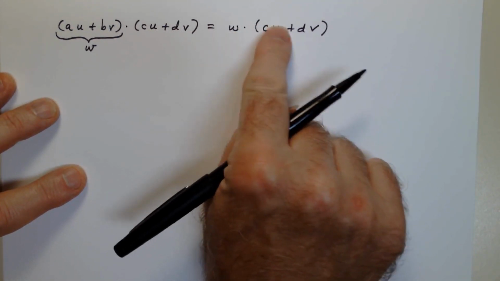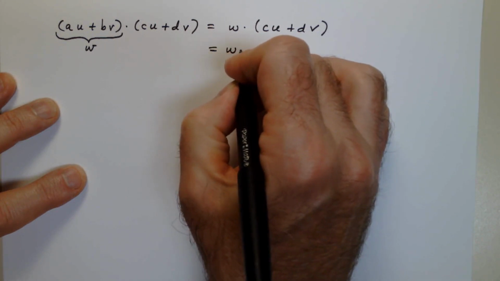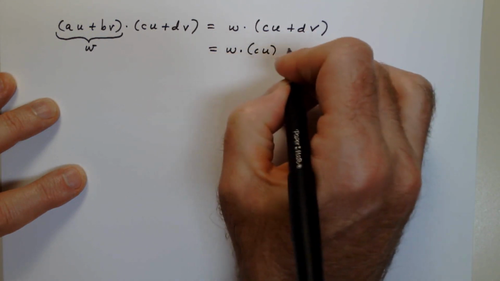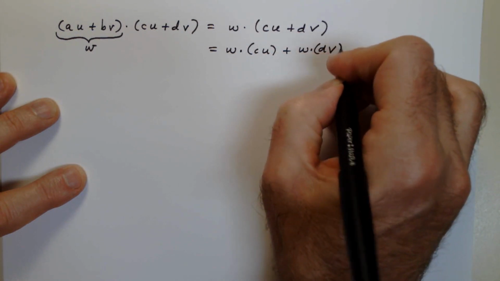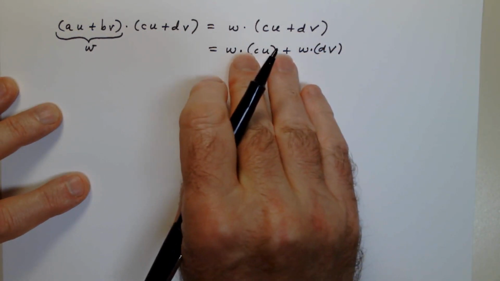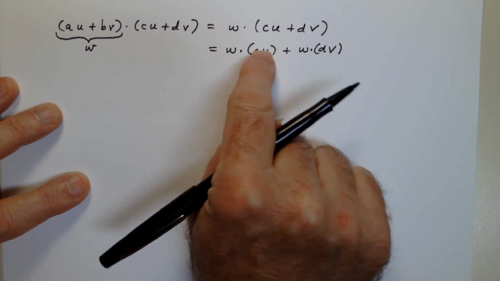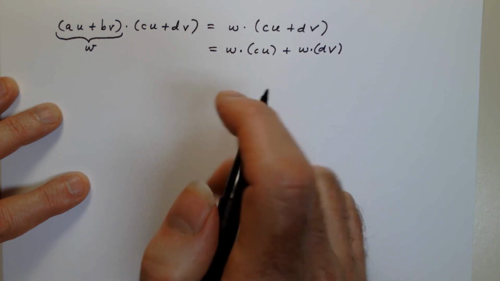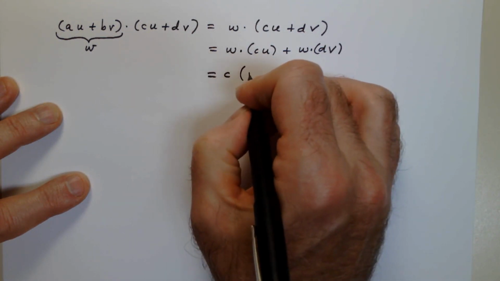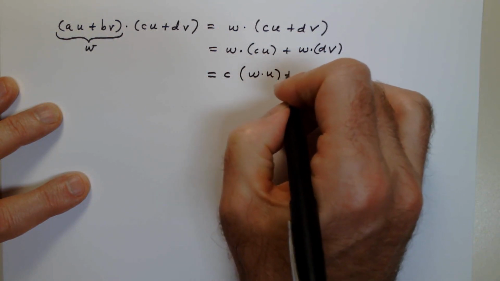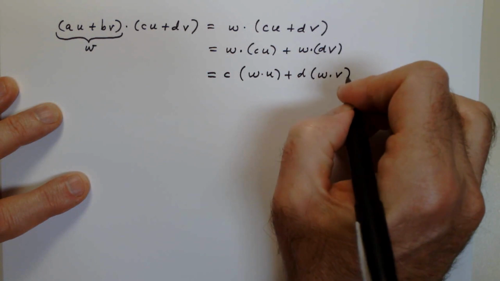Now, I can use my distributive law here and write this as w dotted with cu plus w dotted with dv. And then I can use my associative law. I can pick up these parentheses and reassociate these things and do the dot products of the vectors first and the scalars next. So this will look like c times w dot u plus d times w dot v.